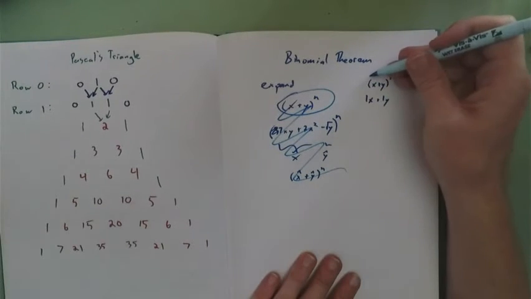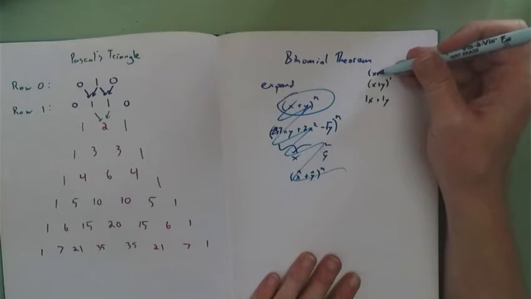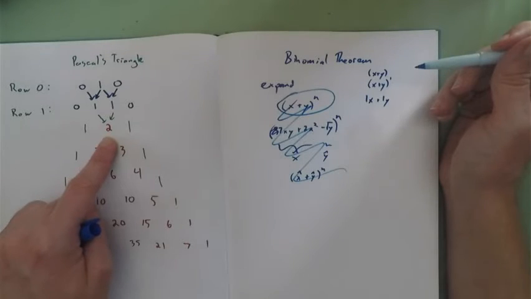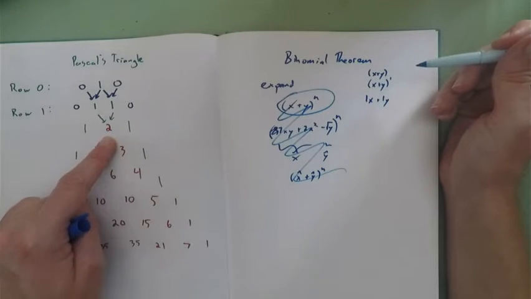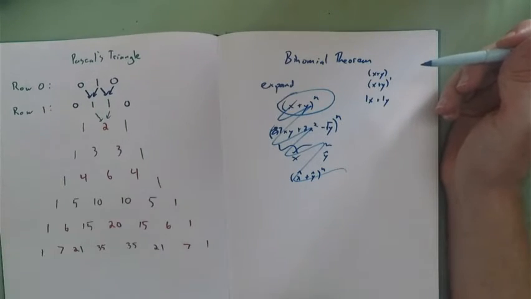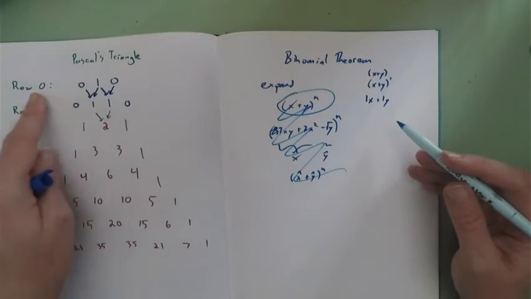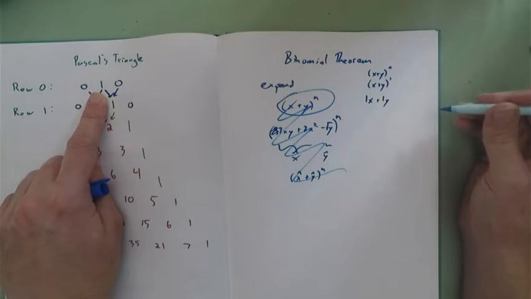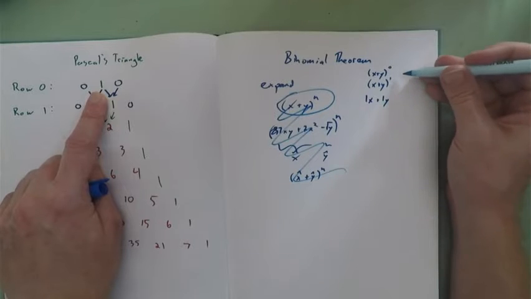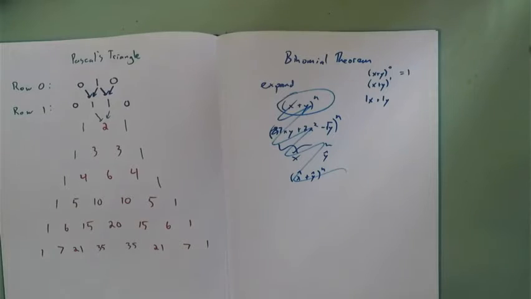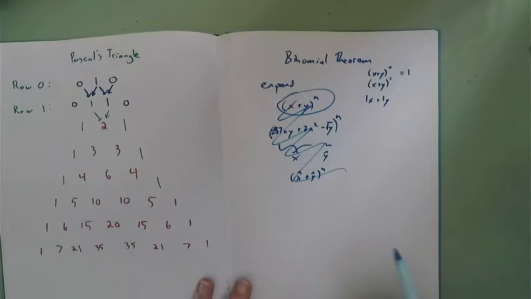If we go to row 0, this is why I like this row numbering, instead of saying this is row 1, which has 2 terms, and then row 3 is the one with 3 terms, instead we start from row 0. Well, if we look at x plus y to the power of 0, what does that equal? Well, that equals just 1, right? That is our default 1, right? It's nothing at all except 1.